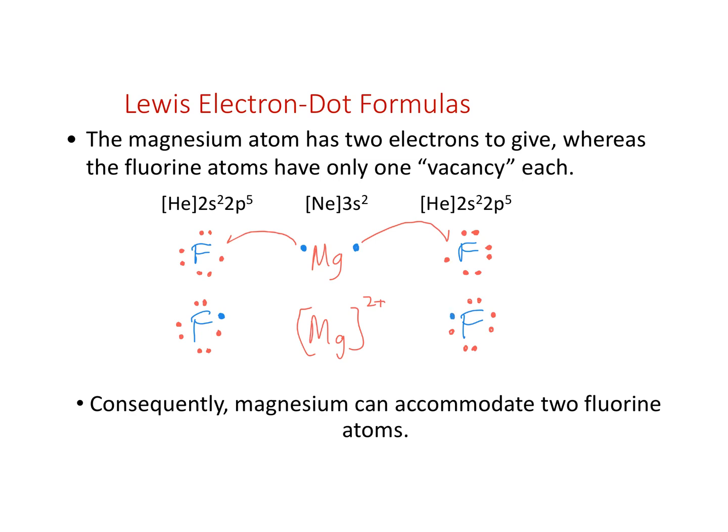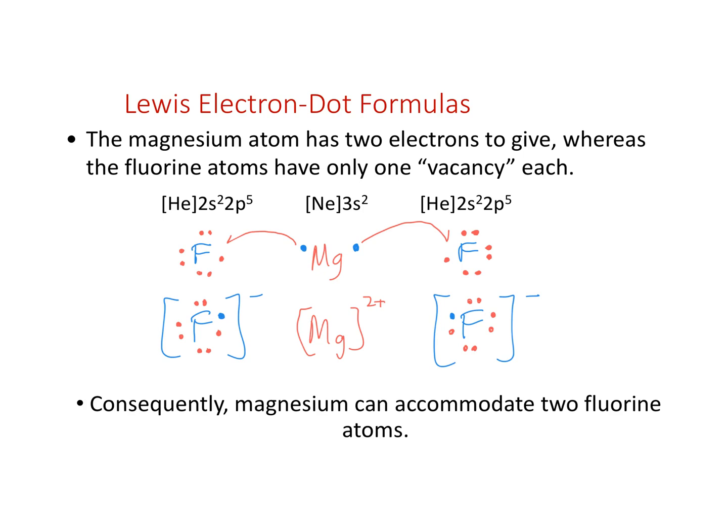I color-coded it in blue. That's the magnesium electron that was transferred. And here is my magnesium fluoride. Magnesium 2+, because it loses 2 electrons, and each fluoride is -1.